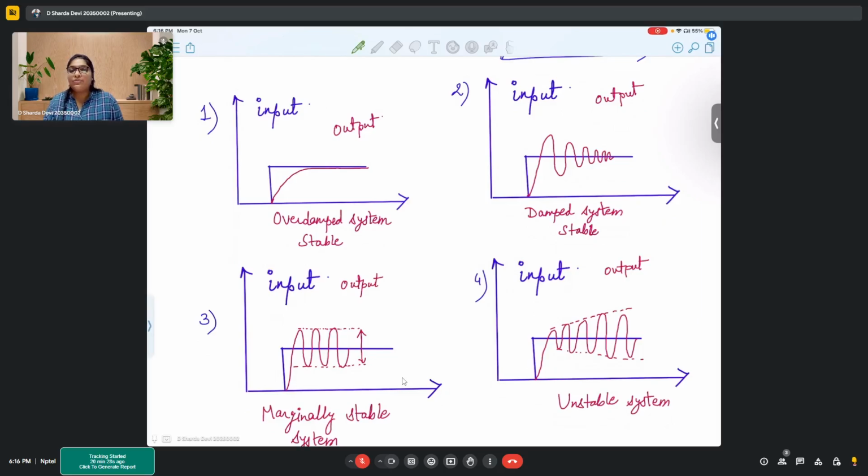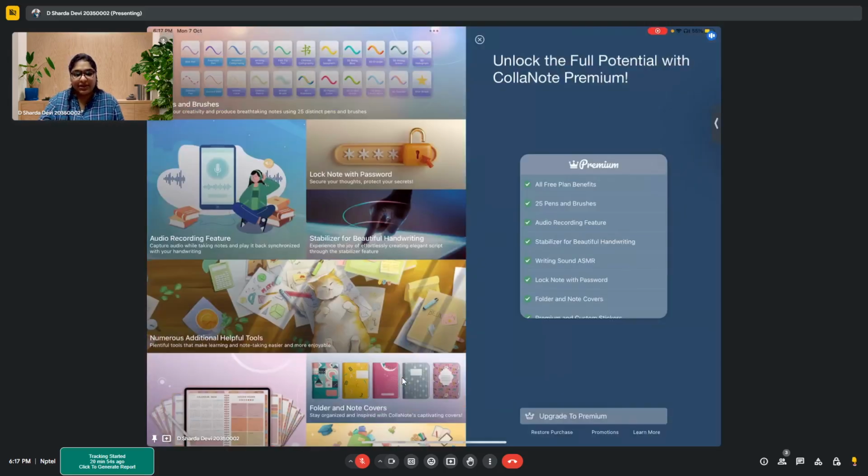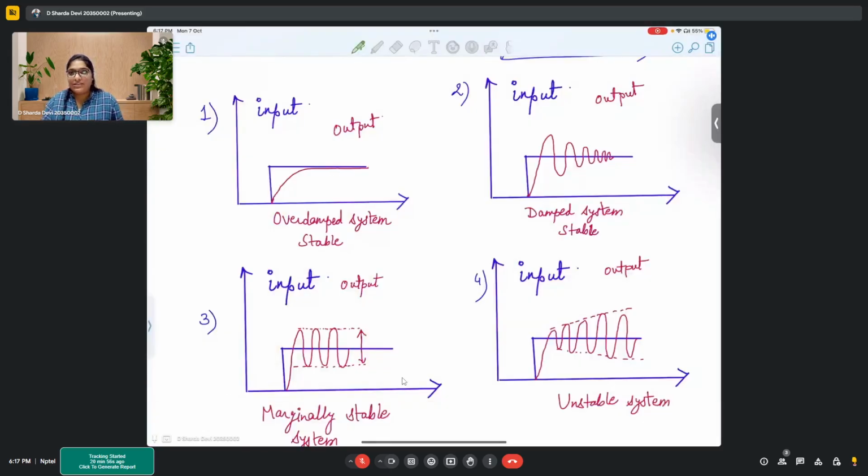One of the most important roots of a transfer function, a solution of the transfer function, is the pole, because your stability depends on poles. We'll see how, but for now we know that this is happening because of the poles' orientation, like where the poles are placed. Depending on that, you will see any one of these four behaviors, right?